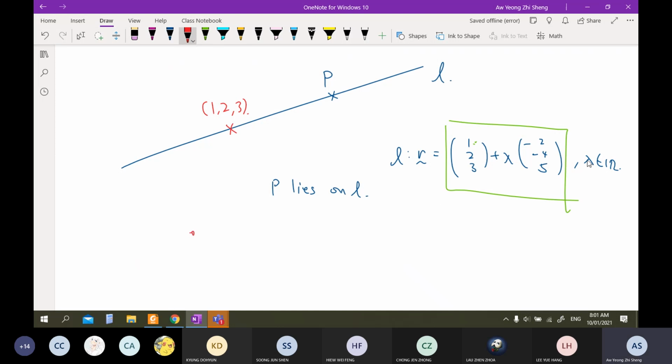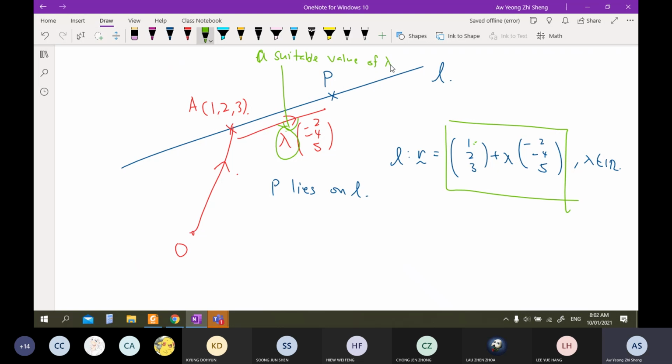And the right-hand side of the vector equation is leading you from O towards A, if I call this A, and then from A to anywhere along the line L. So an appropriate scalar multiple of minus 2, minus 4, 5, for a particular value, a suitable value of lambda which you need to figure out, will be able to lead you from A to P.